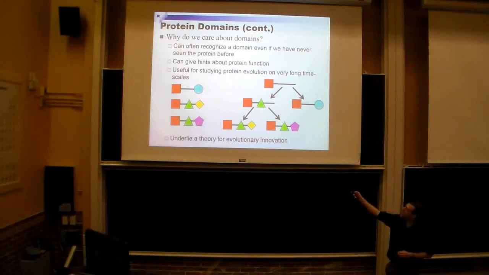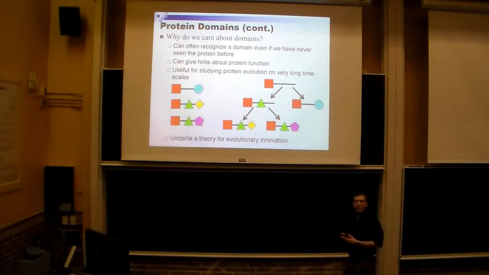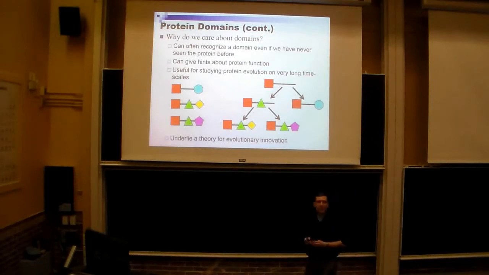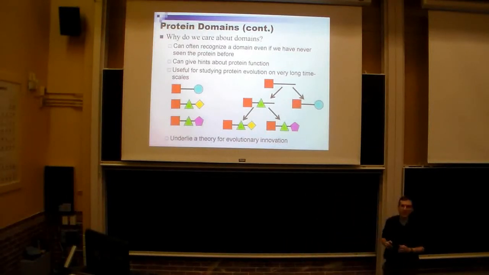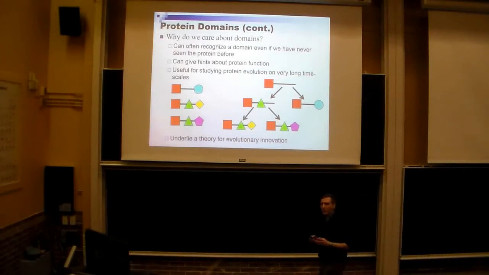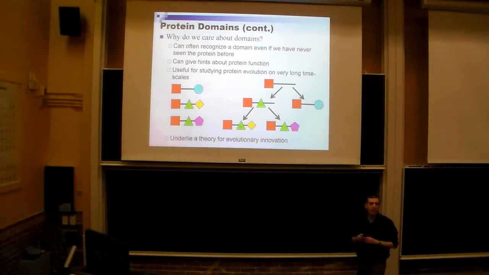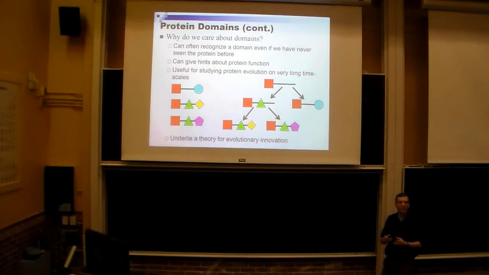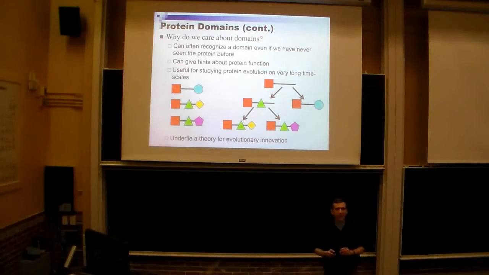It's also worth mentioning protein domains because they're useful for studying protein evolution on different sorts of timescales than other kinds of information we've examined. So evolution is a theme that comes up again and again in computational biology studies because a lot of computational biology comes down to the notion of comparative genomics, that we can figure out what some pieces of sequence or structure are doing based on their similarity to other evolutionarily related pieces of protein and structure.